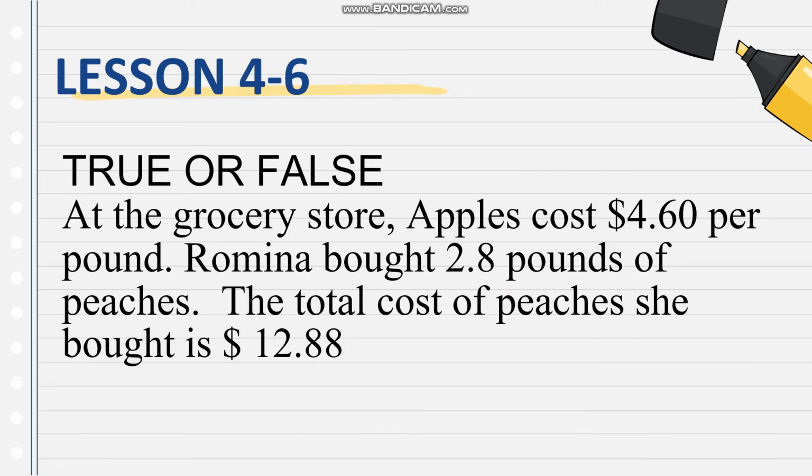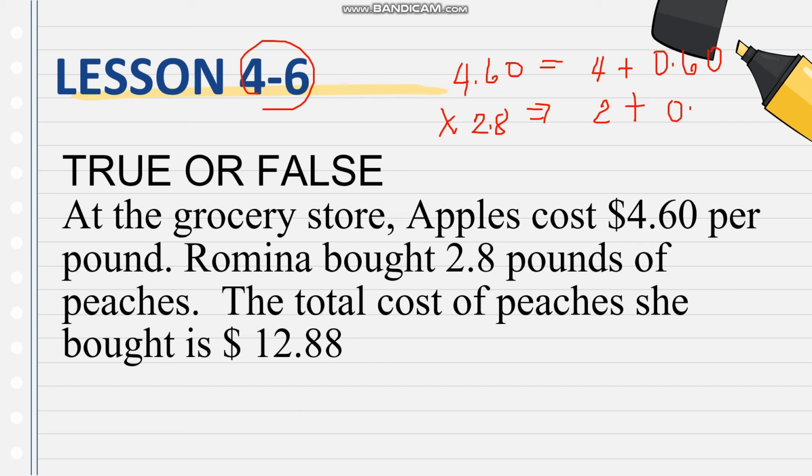Next, at the grocery store, apples cost $4.60 per pound. Romina bought 2.8 pounds, so multiply by 2.8. If I'm going to apply the concept in lesson 4.6, which is using the partial product, this becomes 4 plus 0.60. And the other one is 2 plus 0.8.